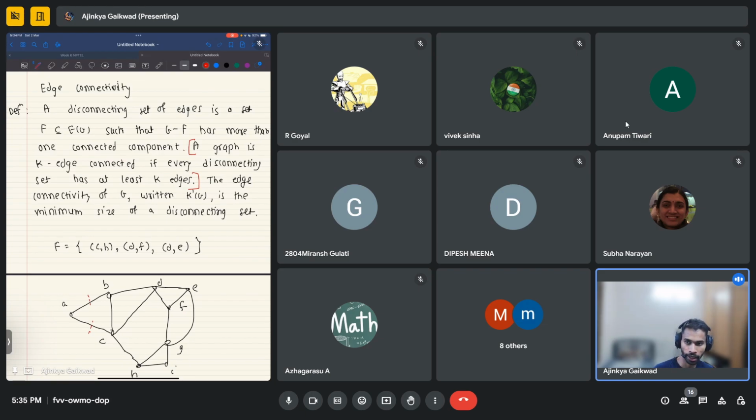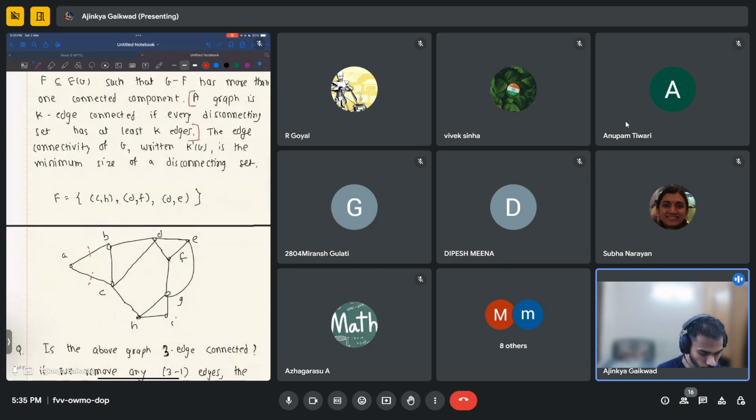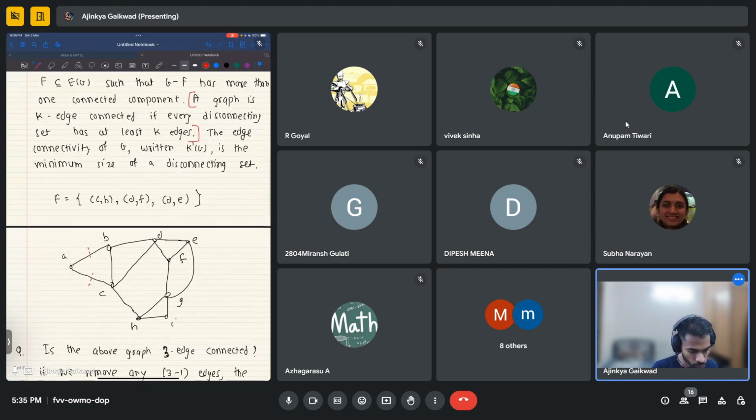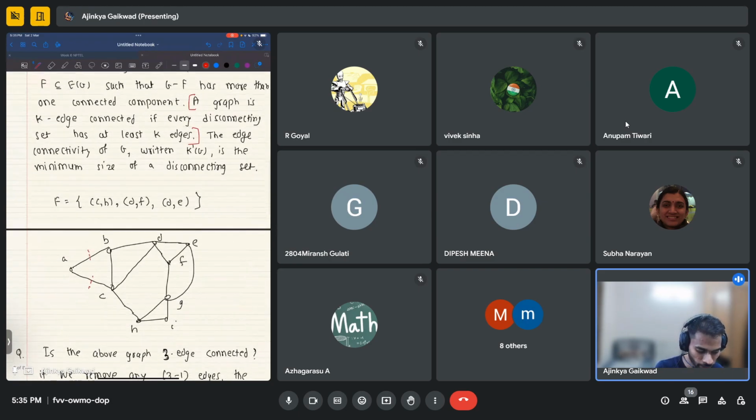The definition is saying a graph is k edge connected if every disconnecting set has at least k edges. So a graph is three edge connected if every disconnecting set has at least three edges.